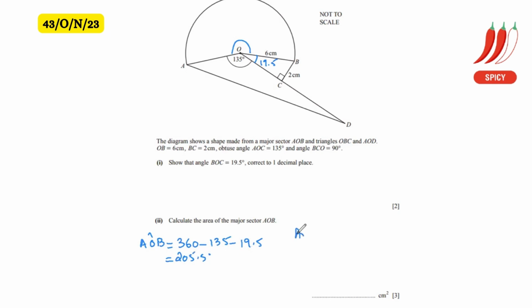So area is 205.5 over 360 times pi times r squared, which is 6. Why is 6 the radius? Because OB is the radius, OA is the radius, and OC is also the radius. They're all the same. No, OC is not the radius, sorry. OA and OB are the radius. So that's going to give us 64.6 centimeters squared. That's the area of the major sector AOB.